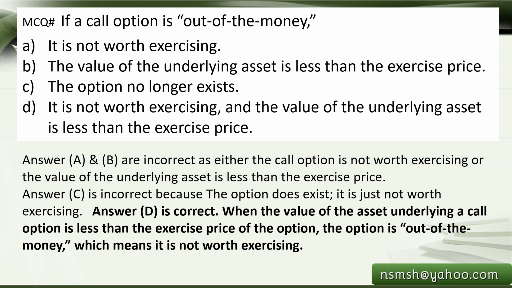So almost option A and D are giving the same answer, but D has more clarity and is more appropriate. It is the best answer because not worth exercising is the meaning of out of the money. But why? Because the value of the underlying asset is less than the exercise price. So that is the idea of that. So option D is correct.